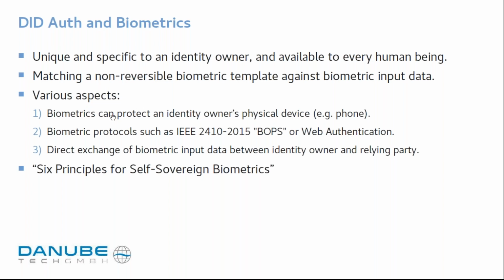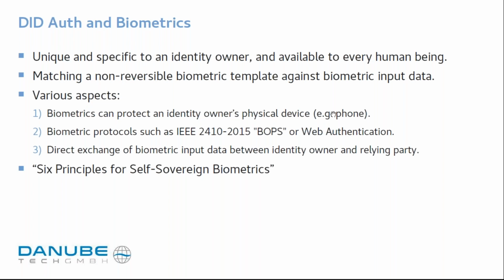So mostly when we talk about DID Auth and biometrics, most of the time biometrics are used only to unlock a private key on a certain device, right? So you could have a wallet, a mobile app with a wallet with your private key, and your fingerprint, for example, or your iris scan is needed in order to unlock your mobile app and in order to unlock the private key, and then you can cryptographically sign a challenge and return a response to the relying party.